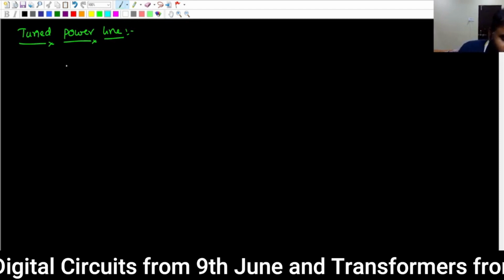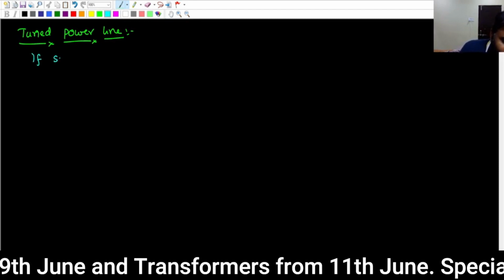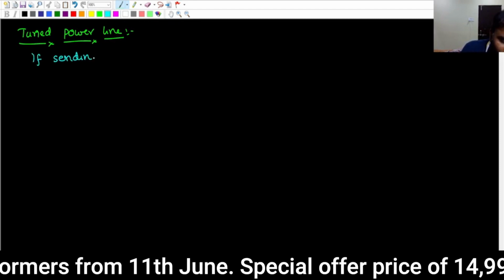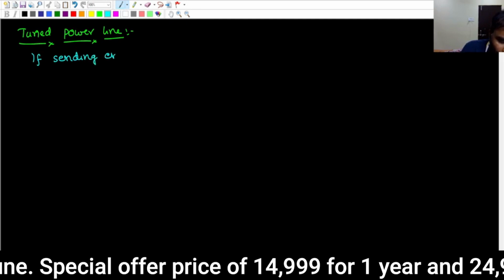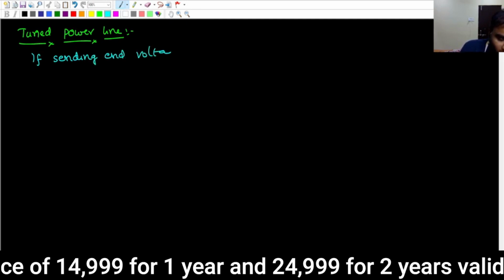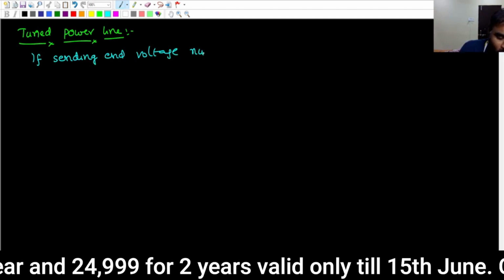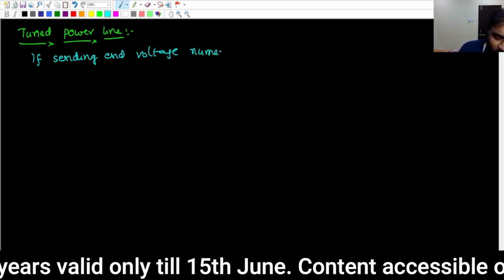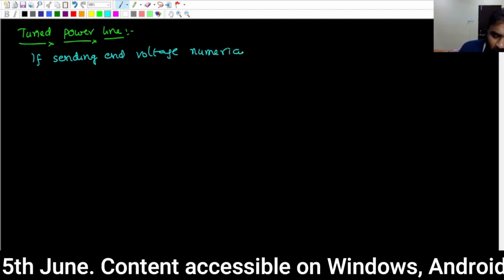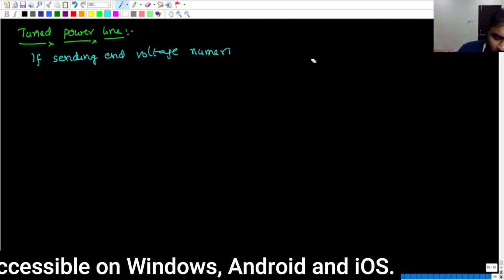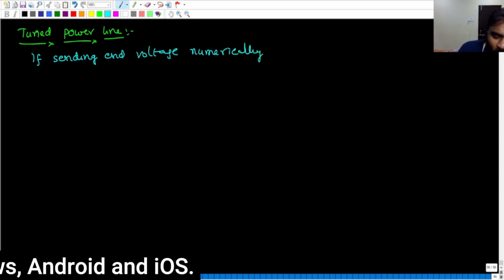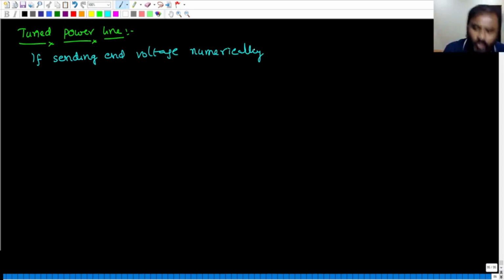So the definition is: if the sending end voltage is numerically equal to the receiving end voltage, and numerically equal means what? Magnitude.